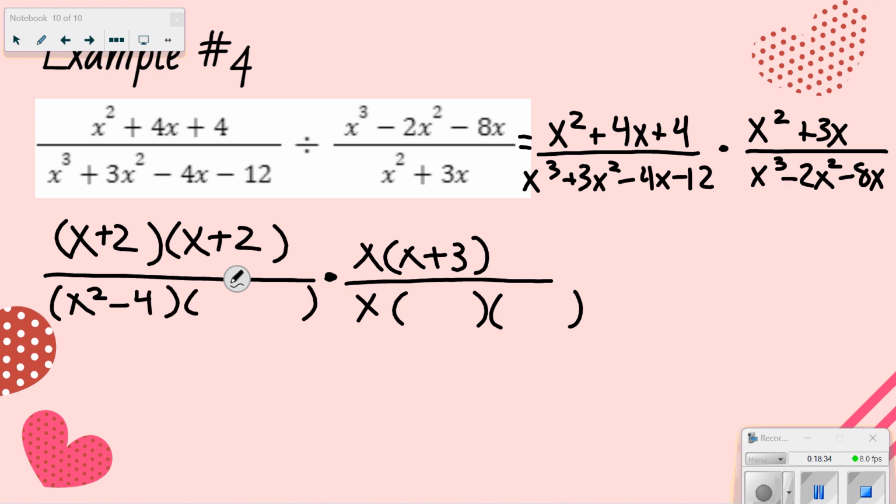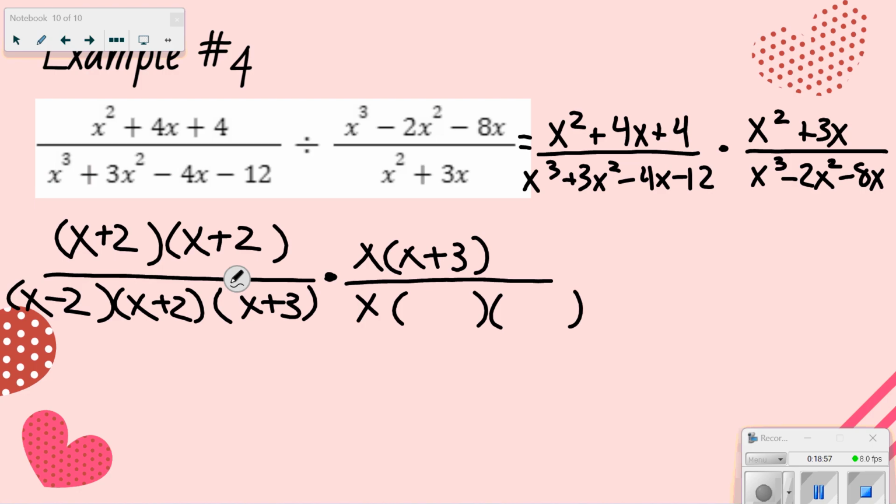Oh, yes. But what do we know about x squared minus 4? I can factor it, so let's keep going. Because remember, for us to be able to simplify, we have to factor completely, which means we have to factor all the way with each expression.